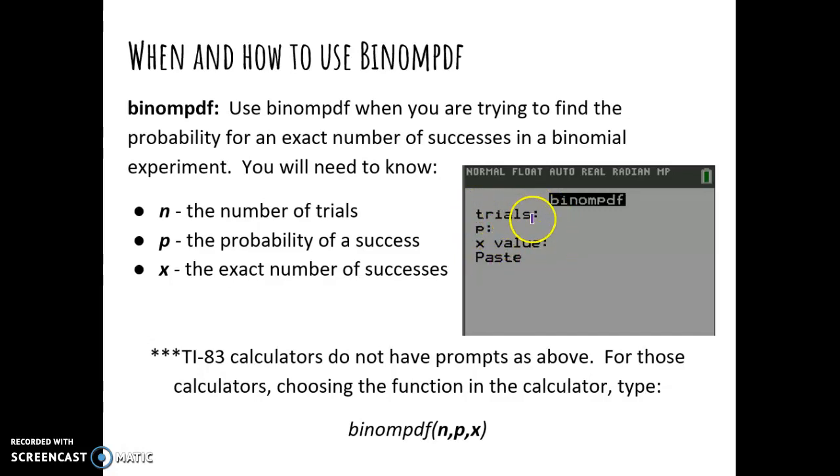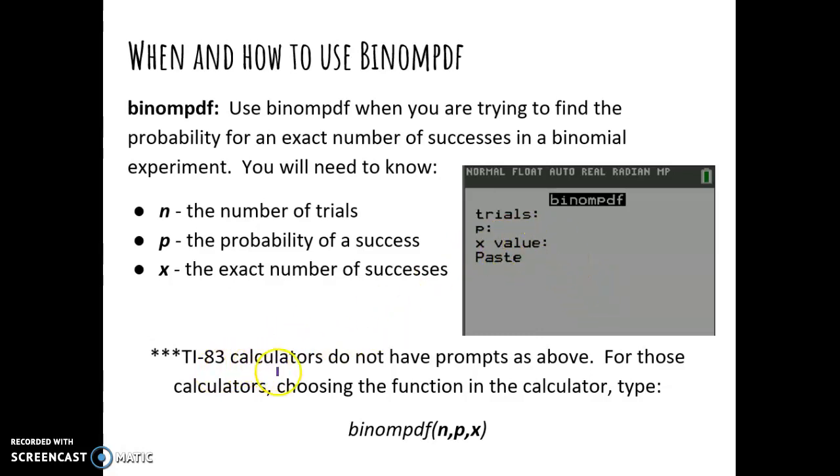So you can see trials, that would be N, your number of trials, and you would type that in. P is your probability of a success. Make sure you put this in as a decimal. You could also put it in as a fraction, which it will convert to a decimal, but don't put it in as a percent. And then you put in your X value. You would choose paste and then hit enter.